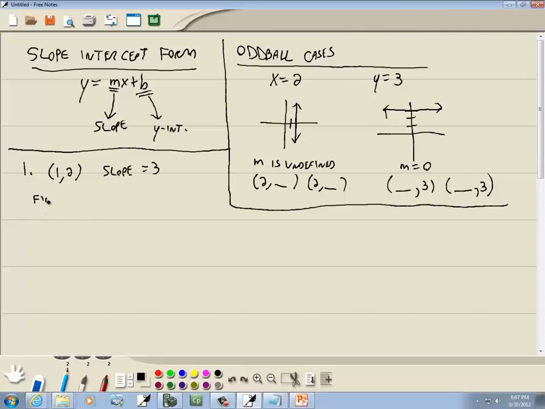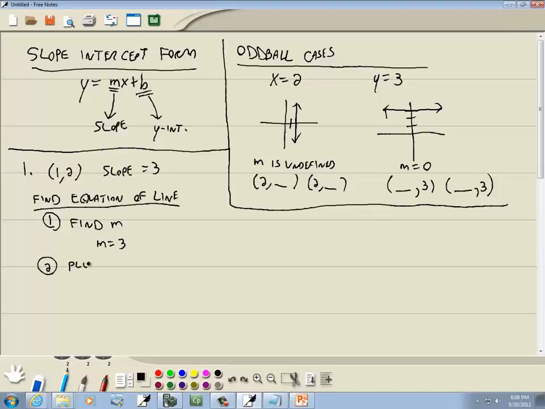Well, these are our steps for finding the equation of the line. We put these steps up before with very simple problems. They get a little bit tougher in this section. Step 1, we're going to find m. Well, in this first one, m's given. They tell us slope is 3.